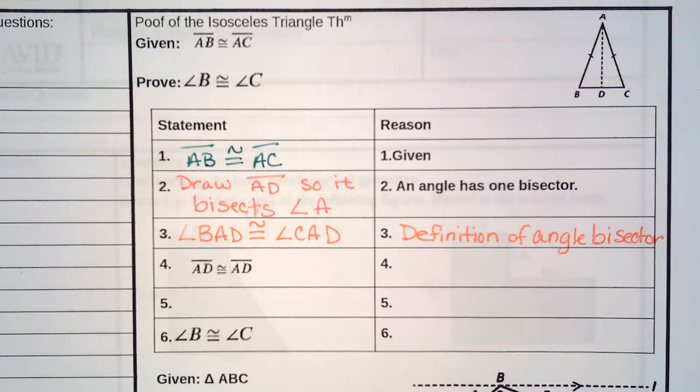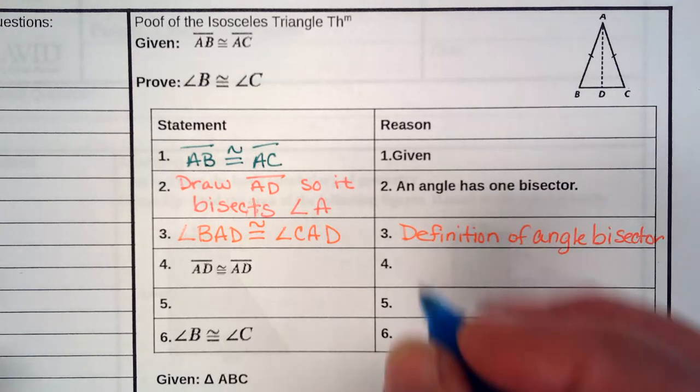Okay, so we've defined angle bisector. We know what that is. Okay, the next step is to state that segment AD is congruent to segment AD. What property is that? Well, that's our reflexive property.